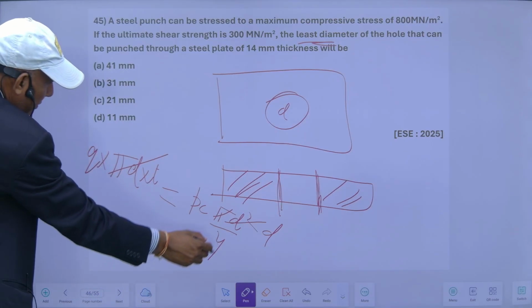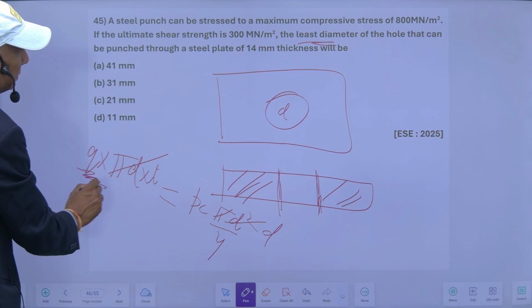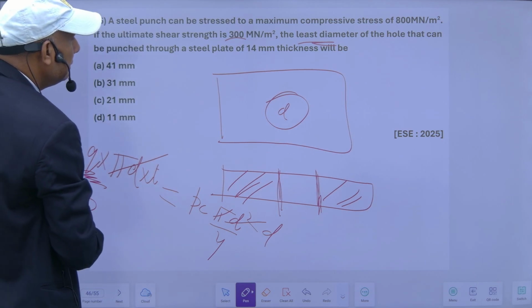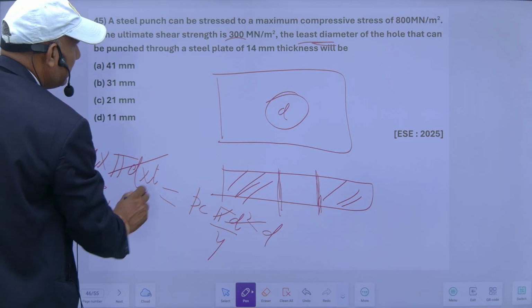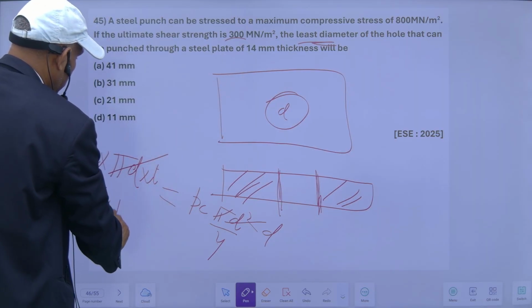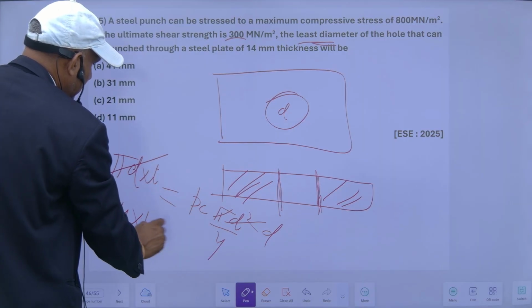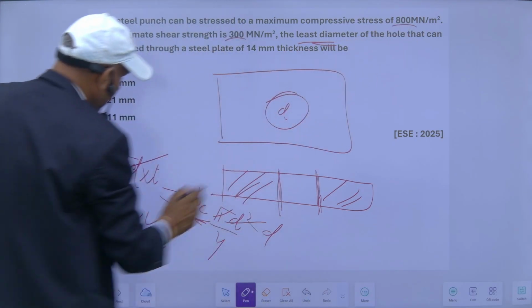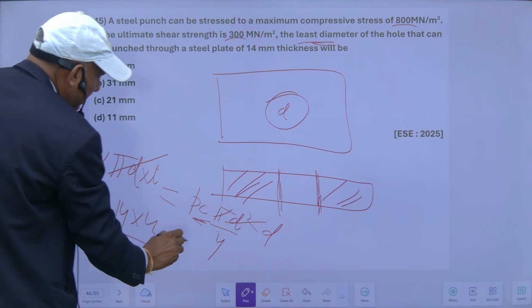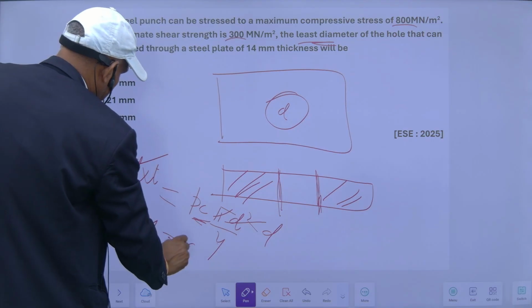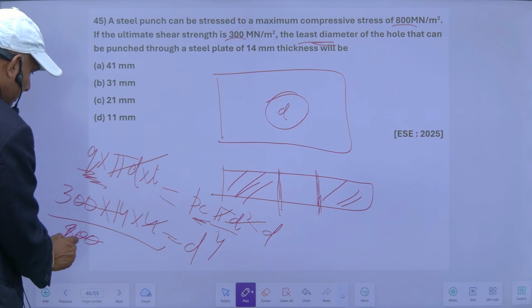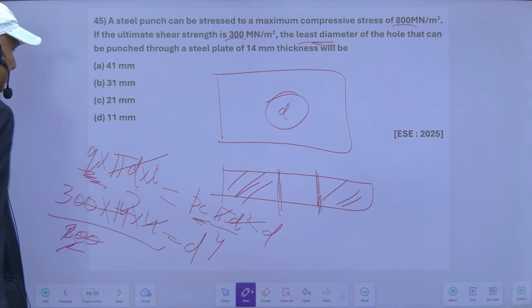So d will be equal to this q, which is 300 meganewton, into thickness 14, into 4 upon this PC compressive stress. This is 800. So both are meganewton. So this will give d. So this is the diameter. So 3 into 7 means 21 mm. So this is the correct answer.